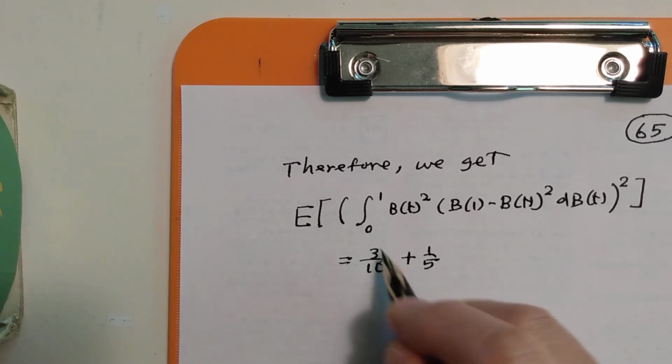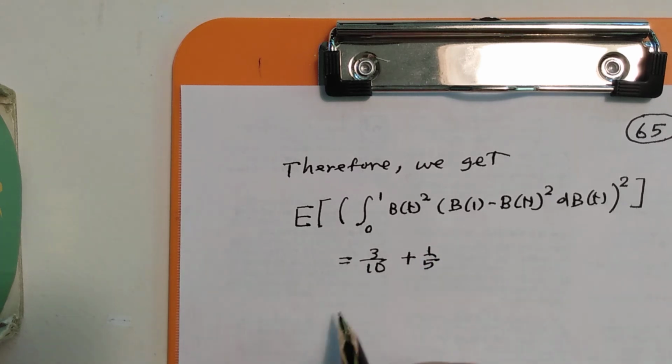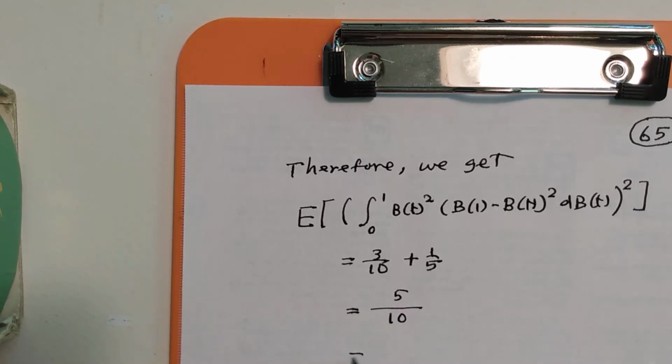This is the isometry part, this is the double integral part, and that equals 1/2. 3 plus 2 is 5, and so it's 1/2.